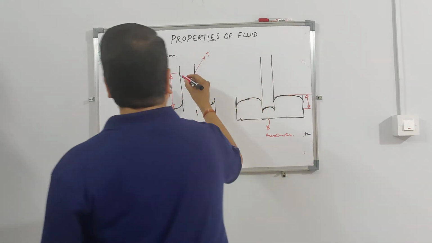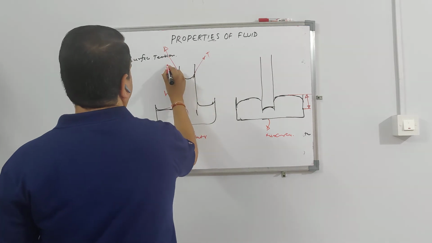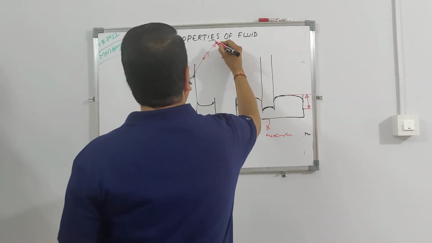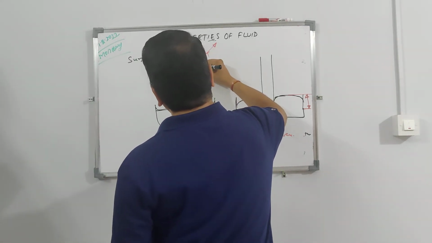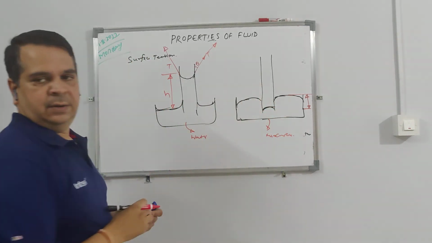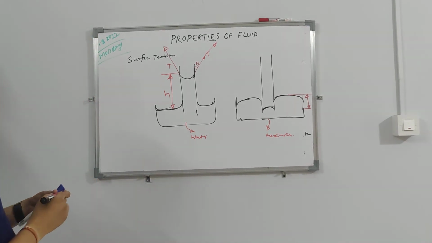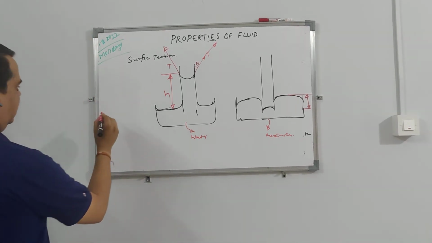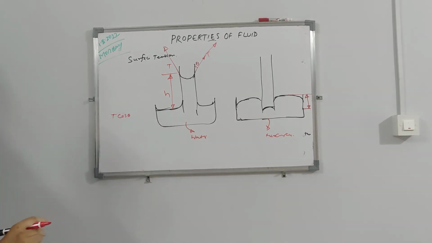This is T and this is T, and let us say this angle is my theta. So I have T cos theta, and let us say this is 2T cos theta.